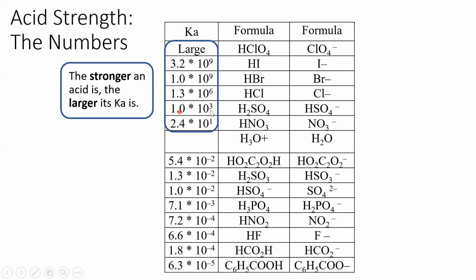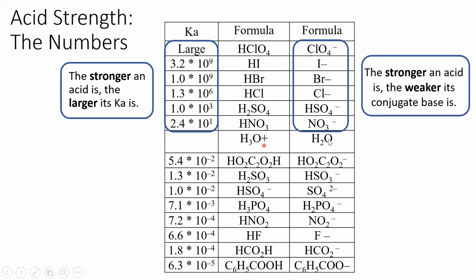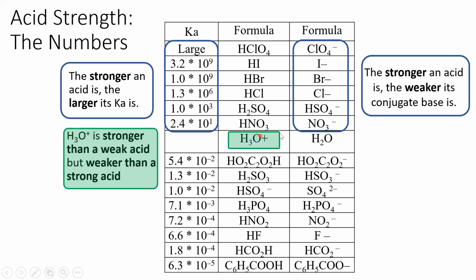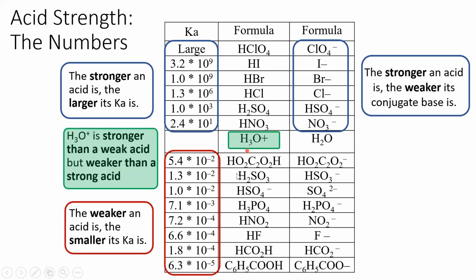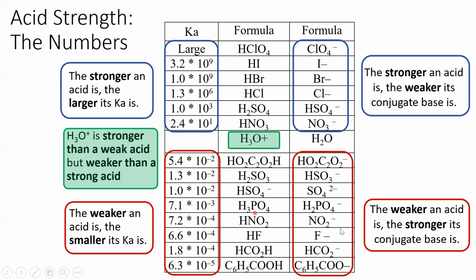So big numbers, strong acid, and then we've got the conjugate base would be weaker than the acid we started with. Okay, we've got hydronium and water in the middle. Weaker acids have small Ka values, so their conjugate bases are going to be stronger. Sorry, stronger.